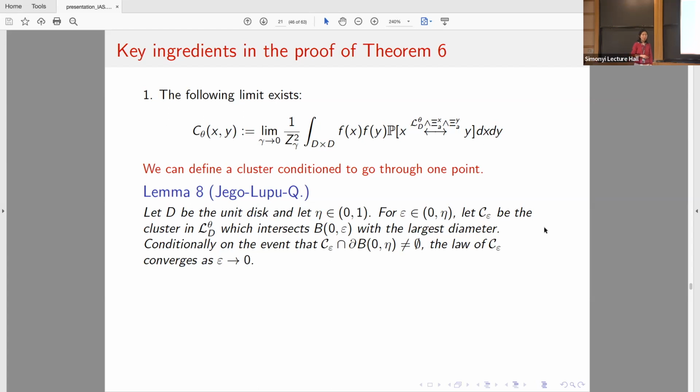So we are able to define a cluster conditioned to pass through one point.